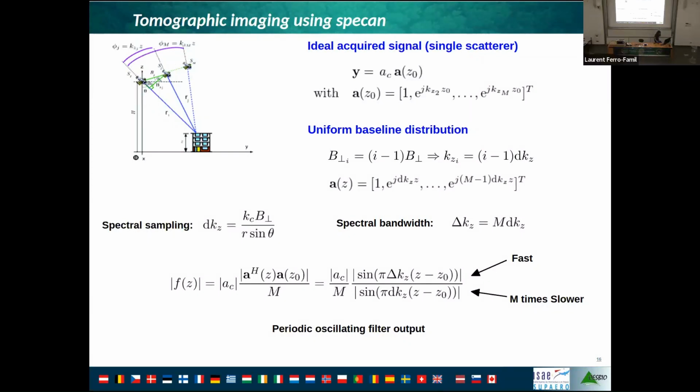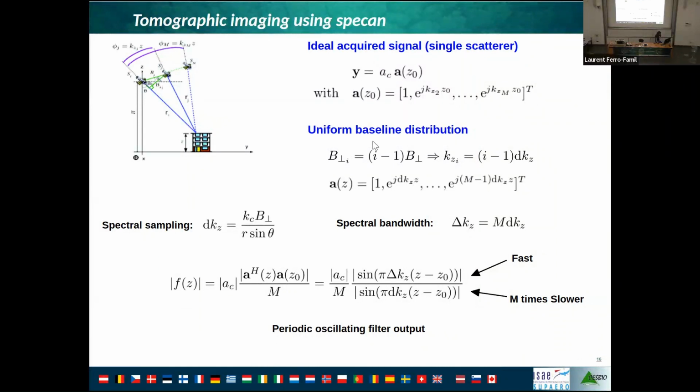But going back to our story, when you have a regular spacing, it means you have, for example, 20 meters between the first and second image, then again 20 meters, 20 meters, so at the end you have 60 meters of excursion in elevation. Then the interferometric phase of the scatterer follows this expression, which is a geometric progression.